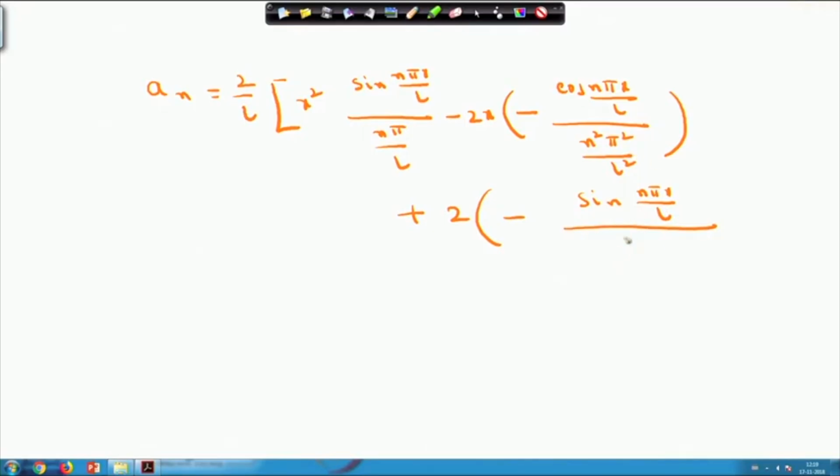So, this was n square pi square, this will be n cube pi cube by L cube and the limit will be from 0 to L I have to put.